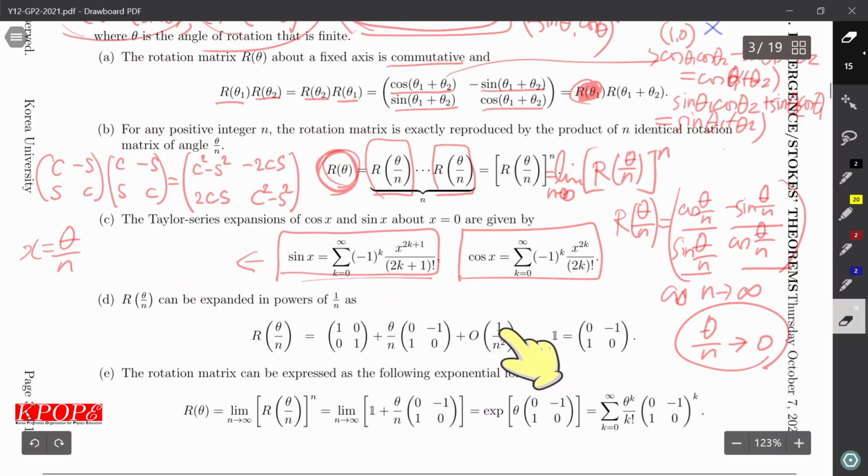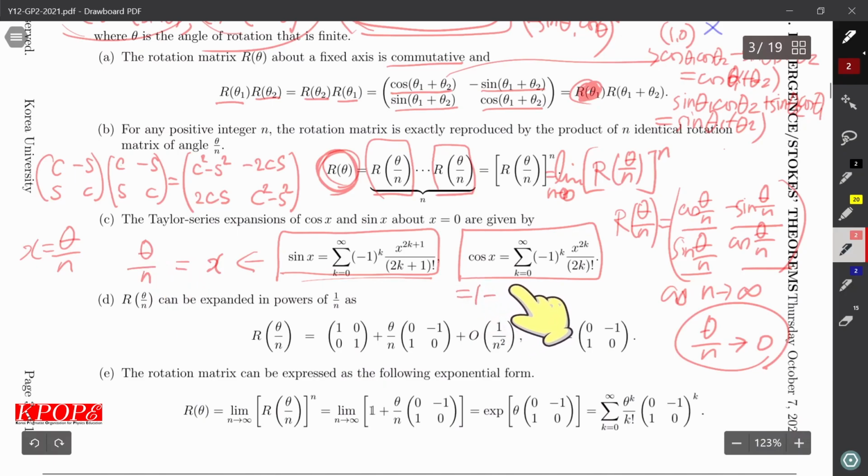Sine is proportional to x, neglecting the third power, theta over n. Cosine is 1 minus 1/2 x squared plus something.